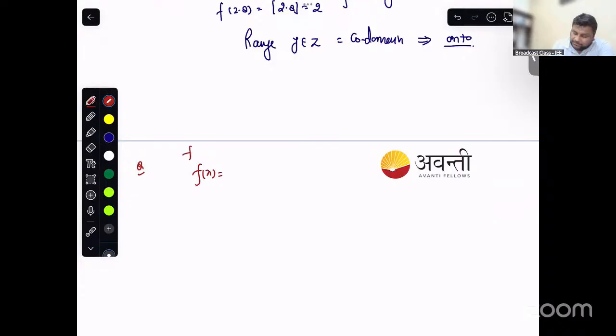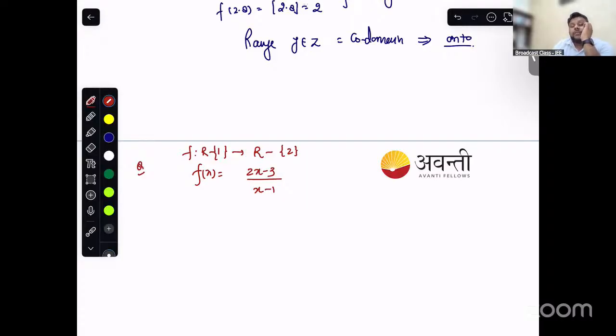f from R minus 1 to R minus 2, f(x) equals (2x minus 3) upon (x minus 1).